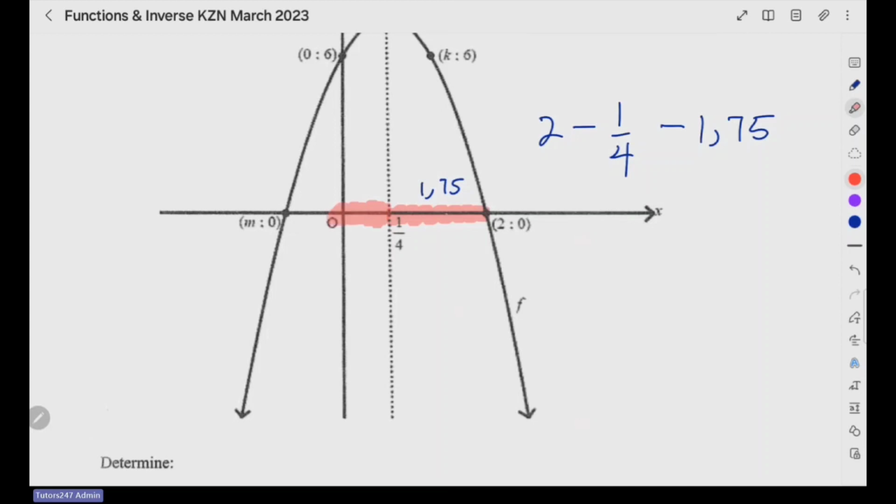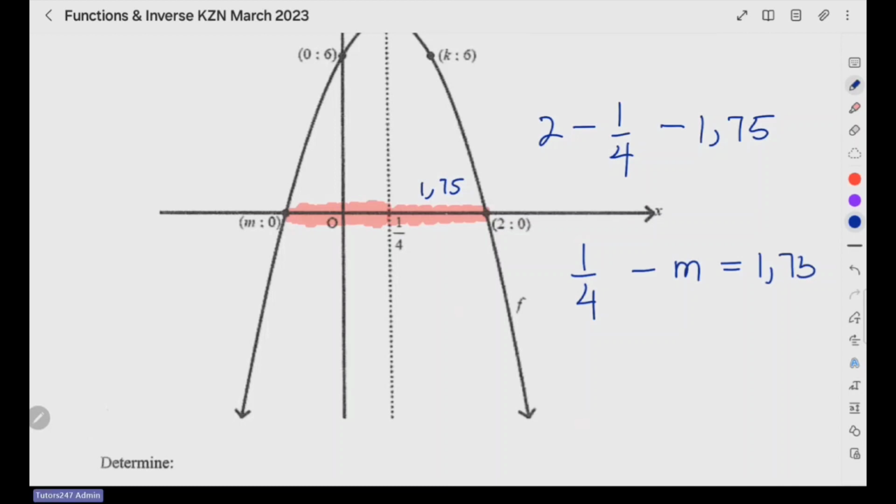That means the distance between 1 over 4 and m is the same thing. So in order for us to find the distance between 1 over 4 and 2, take the big value minus the small value. Or you could say the value on the right minus the value on the left. Now, if we apply that same logic, the value on the right minus the value on the left should give us the distance.